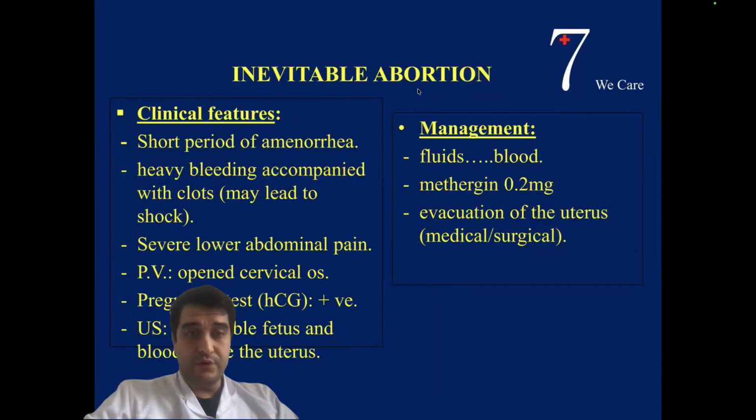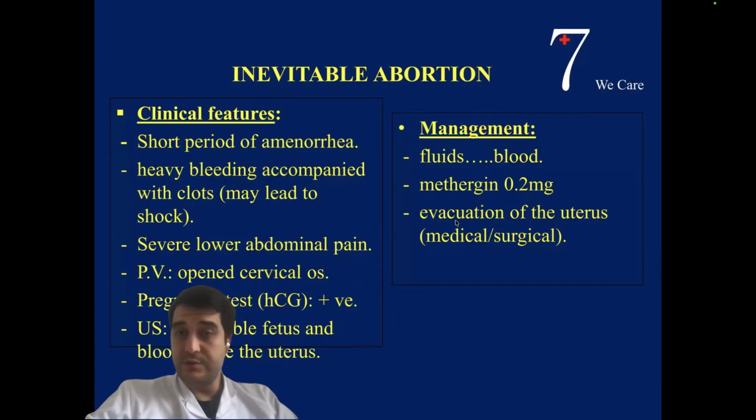So, inevitable abortion. What does it mean? Clinical features: a short period of amenorrhea, heavy bleeding accompanied with clots that may lead to shock, severe lower abdominal pain. Per vagina, you can see an open cervical os, and on pregnancy test, HCG is positive. Ultrasound shows a non-viable fetus and blood inside the uterus.